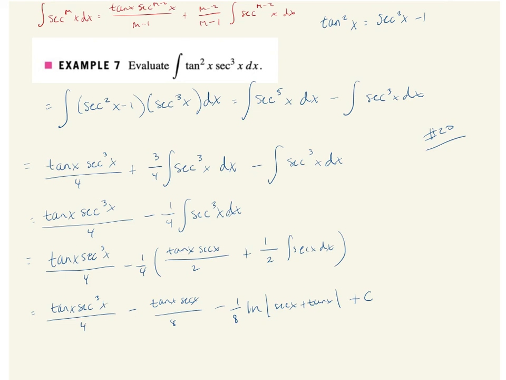So I have tan x secant cubed x over 4 minus 1/4 times the quantity tan x secant x over 2 plus 1/2 integral secant x dx. I've gotten to a place where I don't have to use reduction formulas anymore. I know the integral of secant x, so I get to my final answer: tan x secant cubed x over 4 minus tan x secant x over 8 minus 1/8 ln absolute value secant x plus tan x plus c.